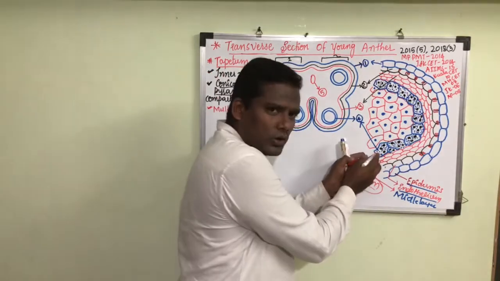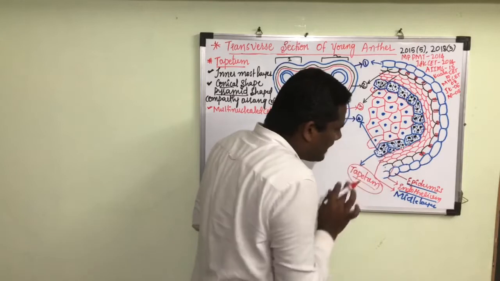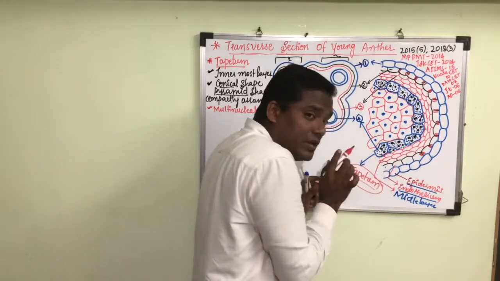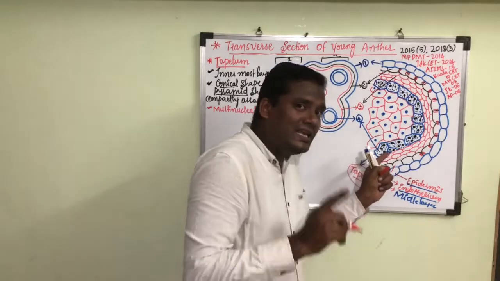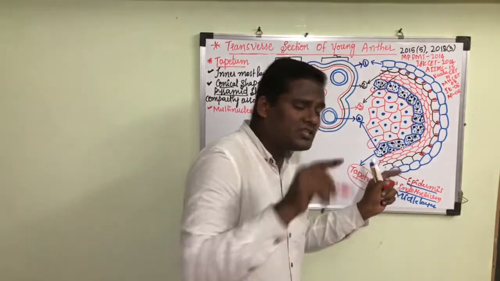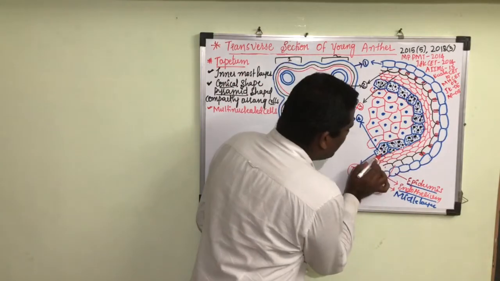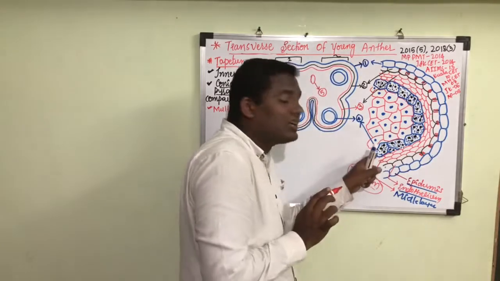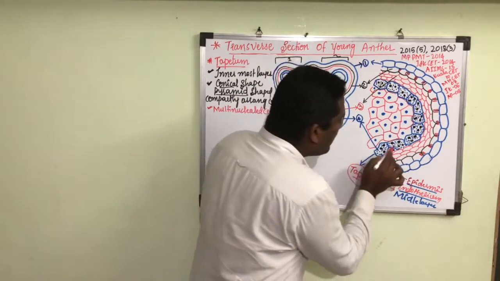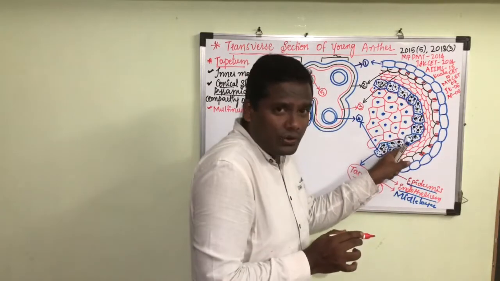Let us take a closer look at the tapetum. Tapetum is conical in shape, compactly arranged, and multinucleated. Multinucleated condition means that if any cell has more than one nucleus, it is called multinucleated condition. Look at the cell here. This particular cell has three nuclei, that means it is a trinucleated cell. Here we have four nuclei, so it is called a tetranucleated cell.